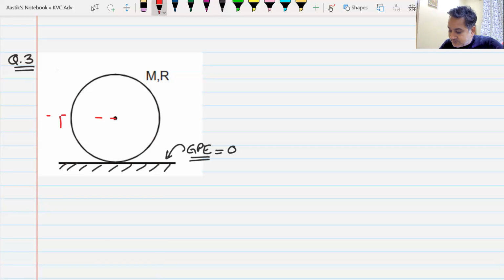Its center of mass is here. The height of the center of mass is r. So the gravitational potential energy of this ring or disk or sphere or shell can be taken as this one.